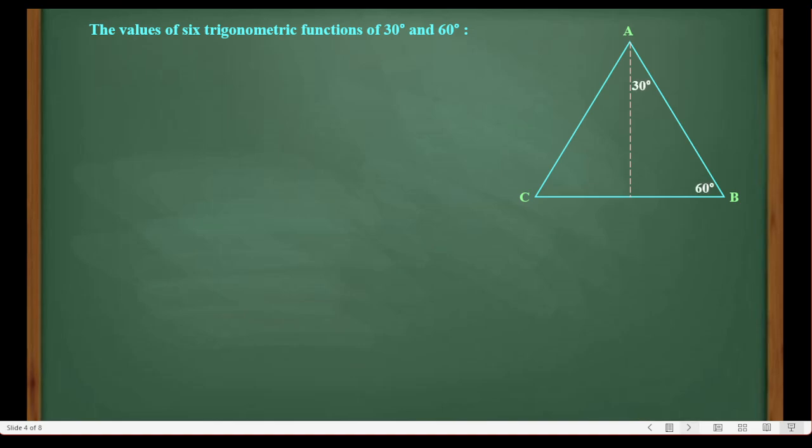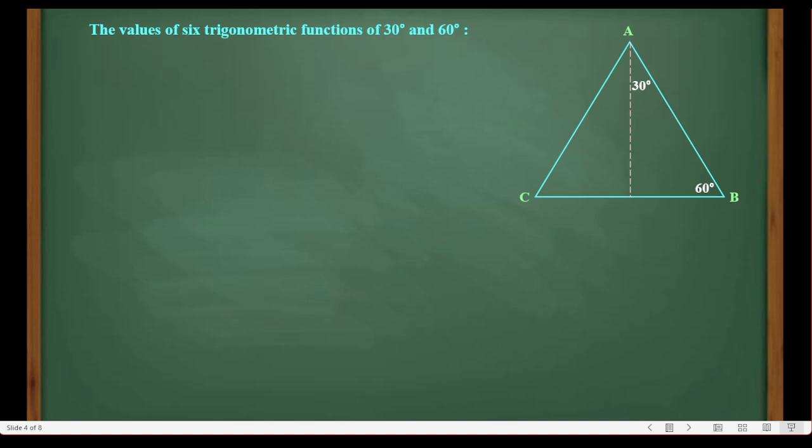Okay, so you will notice here that a perpendicular bisector is drawn, cutting this triangle into two equal parts. A perpendicular bisector is this one that I'm highlighting right now. It bisects angle A, and at the same time this segment also bisects the opposite side, which is named as segment BC.